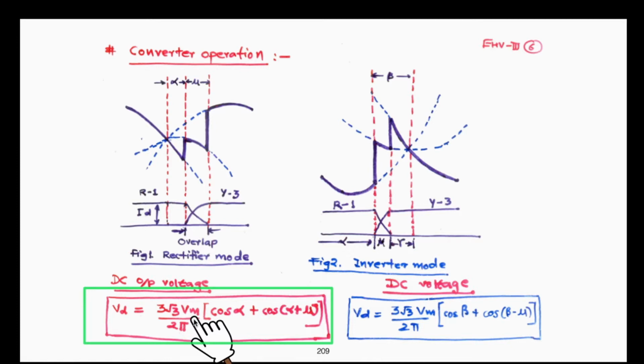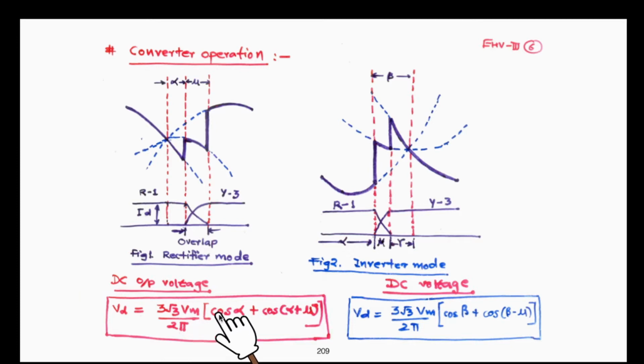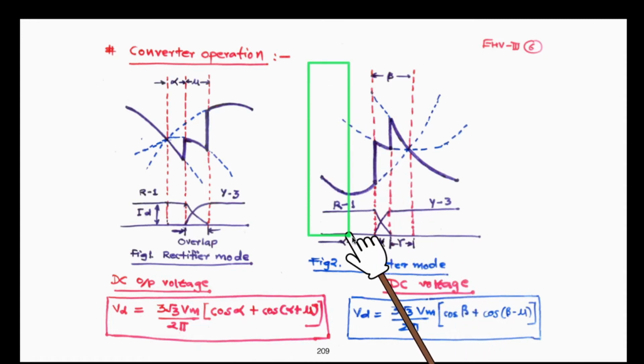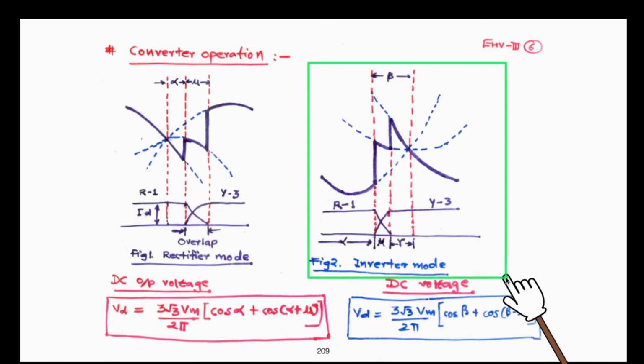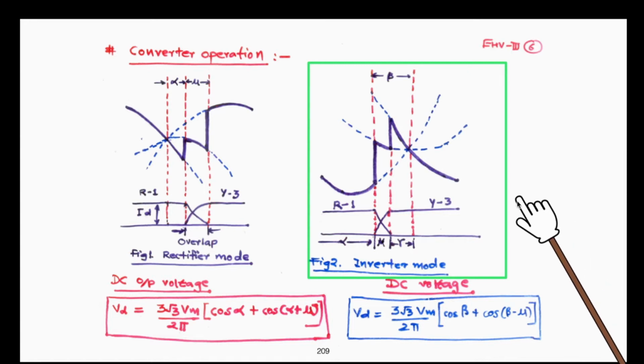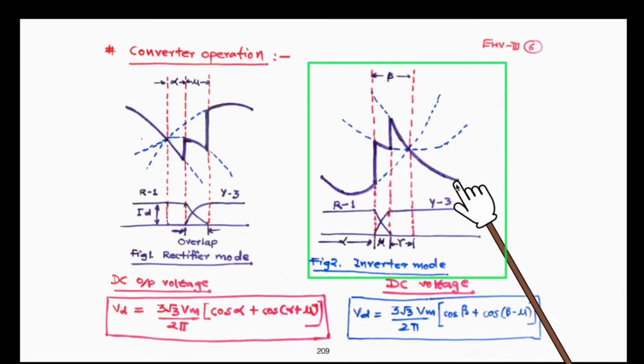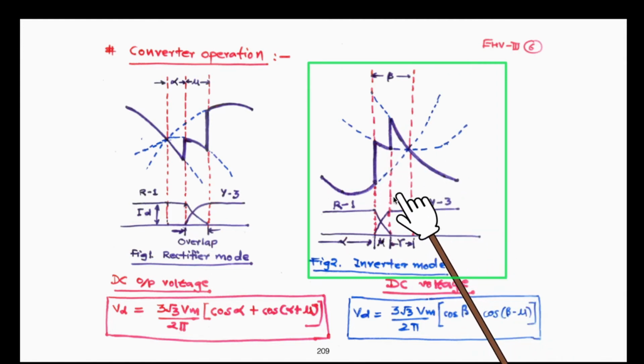Similarly, on the right hand side of this slide, you can observe a waveform with respect to the inverter mode operation. When the three-phase bridge is operating as an inverter, at substation 2 or the receiving end of the HVDC line, we can clearly see the output voltage will be like this.